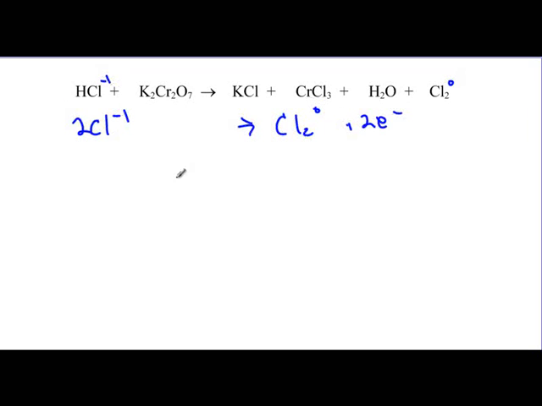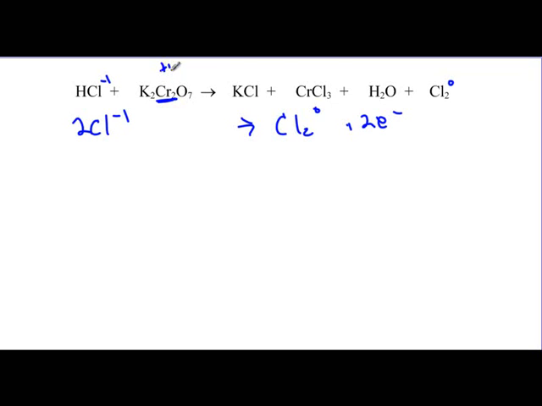2 electrons are lost. The other atom that is probably going to be the one changed is the chromium here. Whenever you have an ionic compound with a polyatomic ion, the center atom is often the one that gets changed. If I look, I've got oxygen, each is -2, that's -14. This is +2, leaves chromium as a total +12.